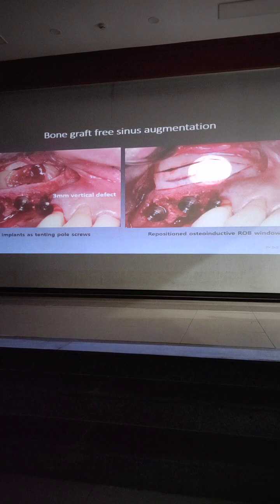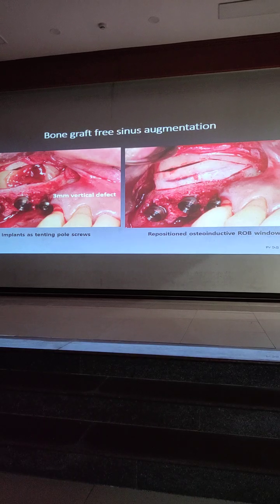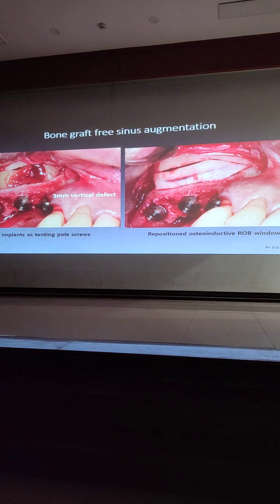was in position. You don't need to fix the window with a screw or suture. Just reposition this window. Even if this window is a little mobile, the window will regenerate very well.